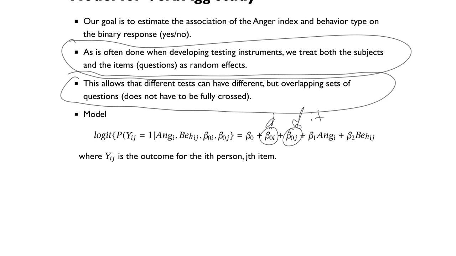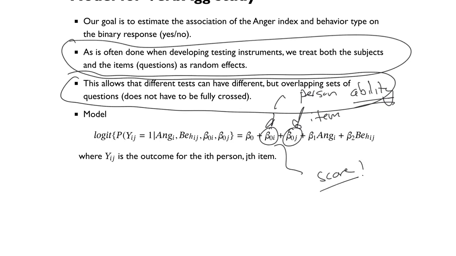This is item. This is sort of the person. It's not really ability, we're not talking about ability, but in a testing context, it's like the person's ability, and this could end up being their score in the end. So it relates both to what we're doing in this lecture, but also kind of last lecture, when you can predict these things post hoc and get empirical Bayes estimates of them.